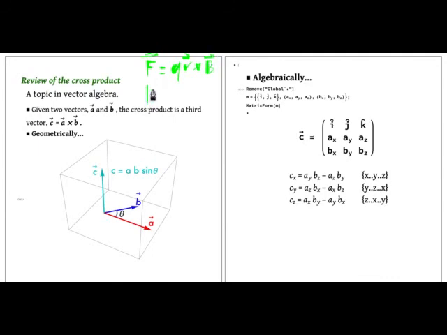Or F on a wire is the integral along the wire I dl cross B. And you'll have to use those equations to do some of the problems. And also the equation for torque on a dipole moment.